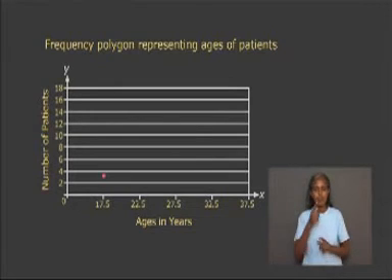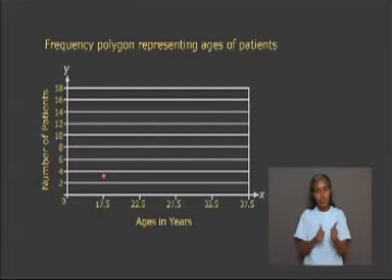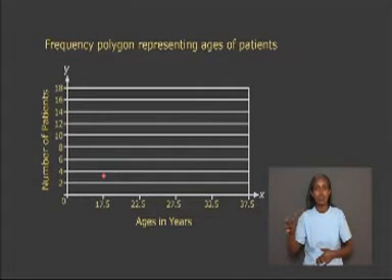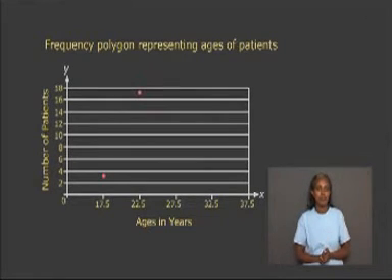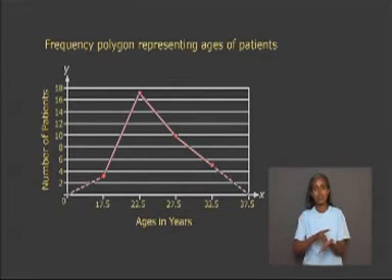The ages of 17 patients fell in the 22.5 class. So, another dot is placed at this point. A line is drawn to connect the dots, and so on.